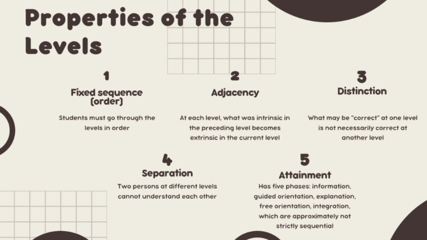In free orientation, students do more complex tasks, enabling them to master the network of relationships in the material. They know the properties being studied, but need to develop fluency in navigating the network of relationships in various situations. This type of activity is much more open-ended than the guided orientation.